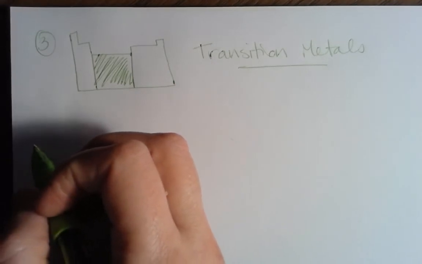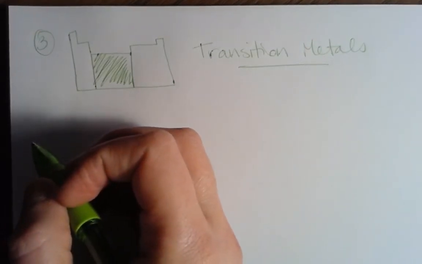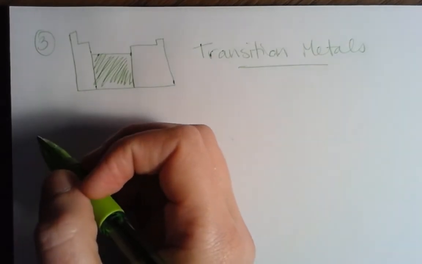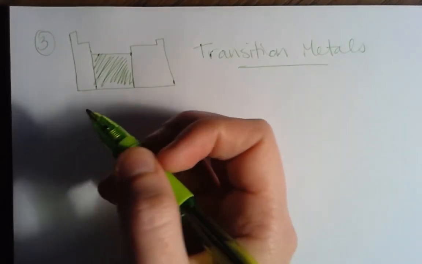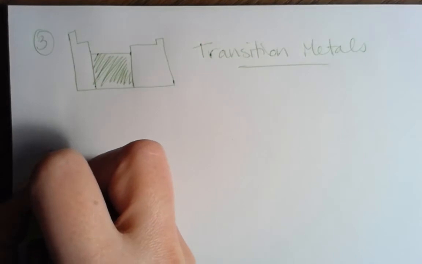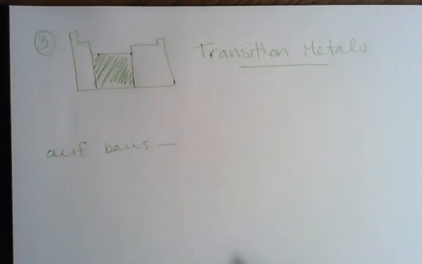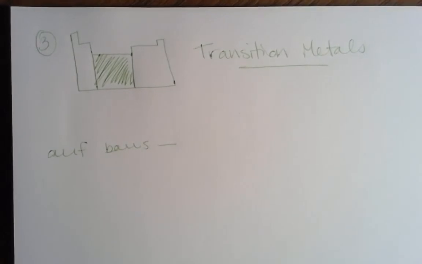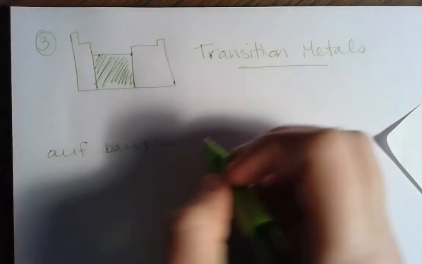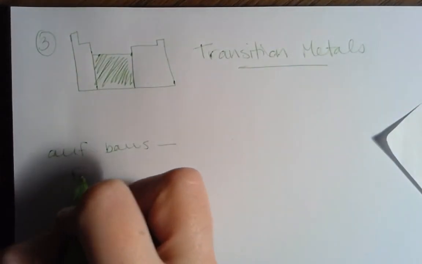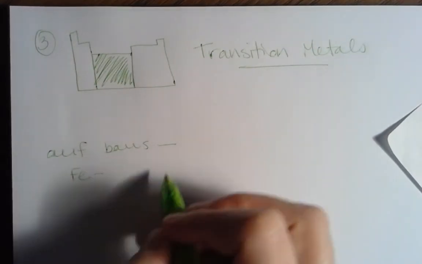I don't know if I did a very good job of this given how weird last week was, and Aufbaus, and you probably hate Aufbaus by now. Good. But Aufbaus, sorry. I just said you hate it, now I'm doing another one. Aufbaus for things like iron, and we'll do it the core notation way.